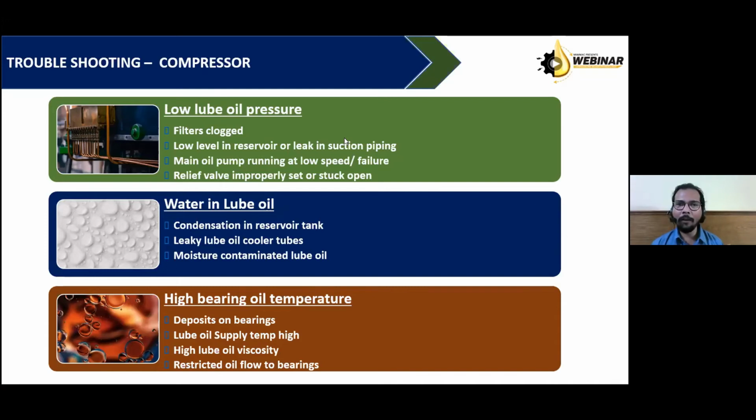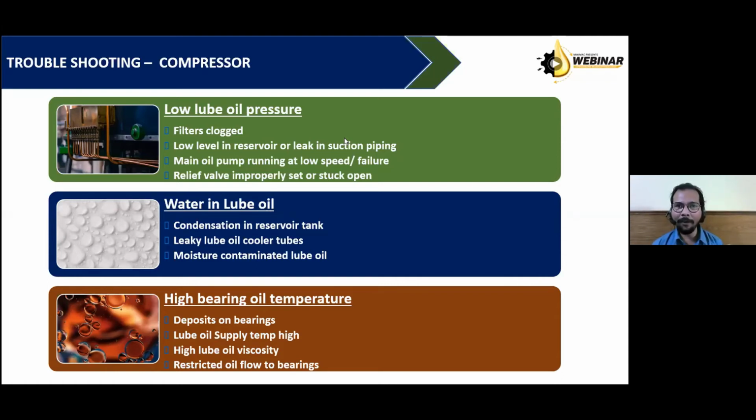So lube oil has a role to extract all the heat near the bearing area and carry it out to the reservoir, and further it gets cooled in the oil cooler. So when bearing oil temperature is going high, it shows that apart from the shaft temperature, there is some means by which hot air is entering into the lubrication chamber.